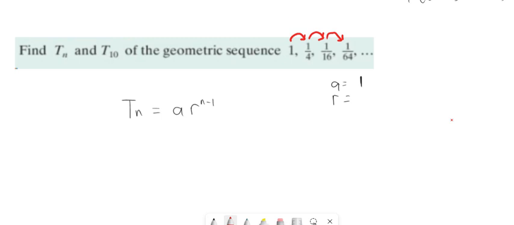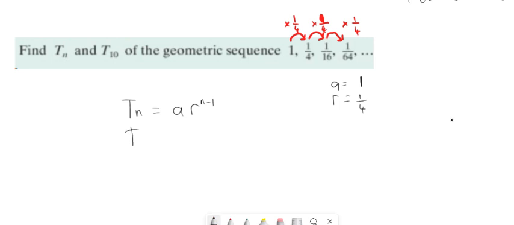That's what's happening each time here. Multiply by 1 over 4, multiply by 1 over 4, and multiply by 1 over 4. So 1 over 4 multiplied by 1 over 4 gives you 1 over 16, and multiply that by 1 over 4 gives you 1 over 64. So our R here is 1 over 4.